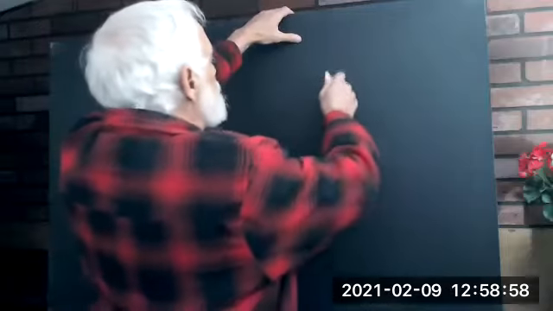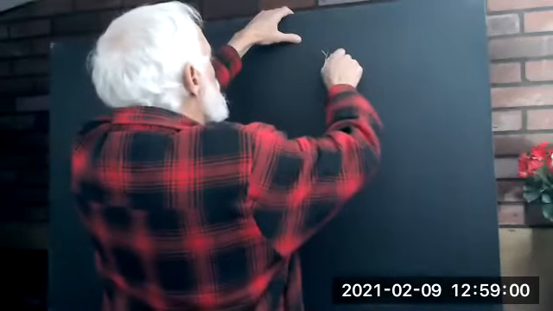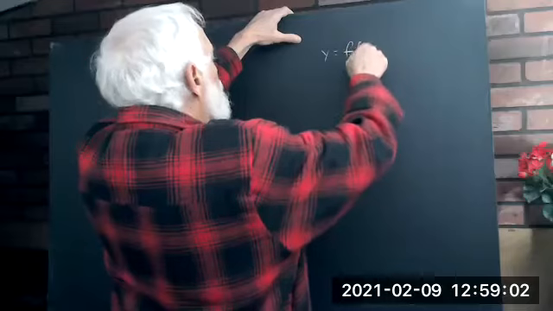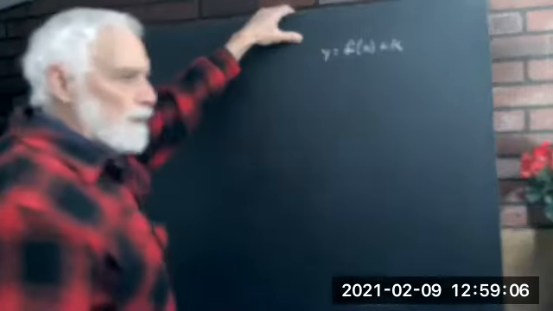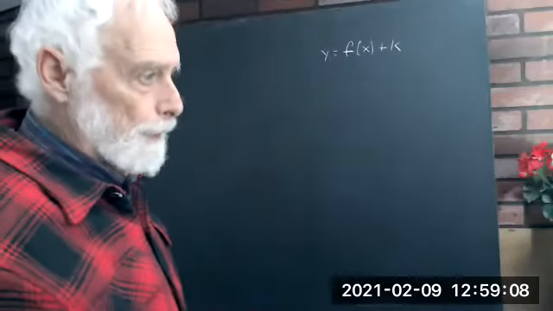Okay, so again, we're talking about moving points around on a graph and what that looks like on a function. The easiest one to understand is probably y equals f of x plus k.